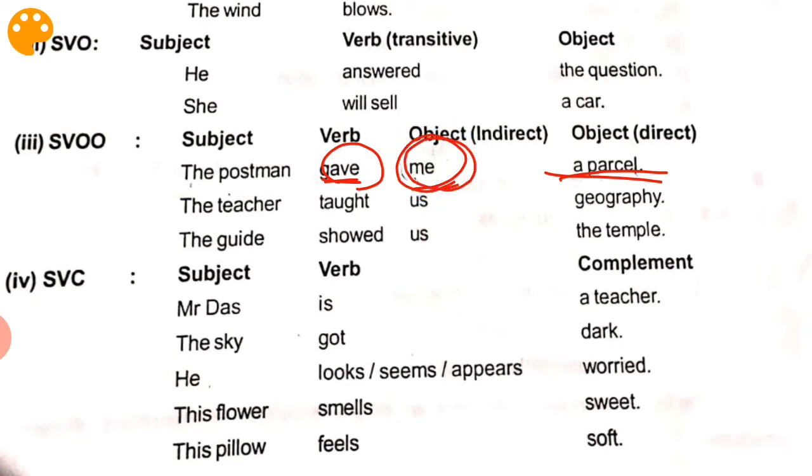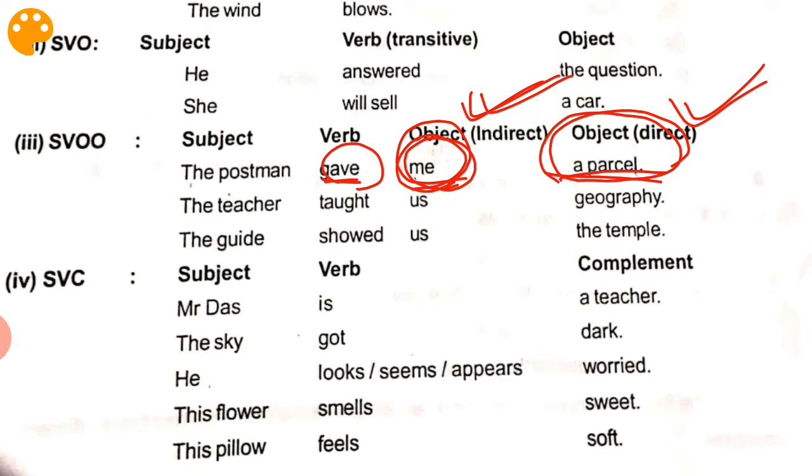So when we question the verb gave using what, we get the direct object, a parcel. When we ask the verb gave using whom, we get me. So these are the two objects. The first one is the direct object and the second one is the indirect object. So this is the SVOO pattern.